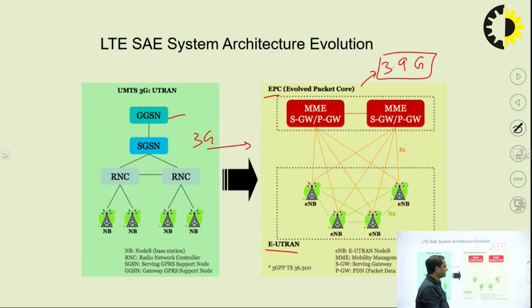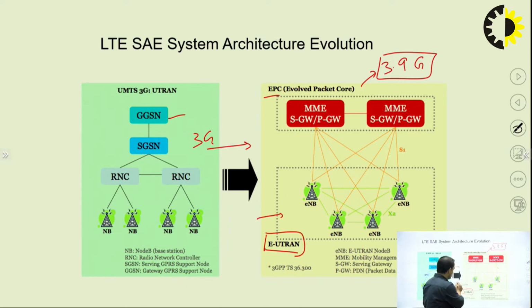So there are two parts of the LTE architecture. The lower one is the E-UTRAN, as I said. All the processing of the OFDMA system occurs in this E-UTRAN.